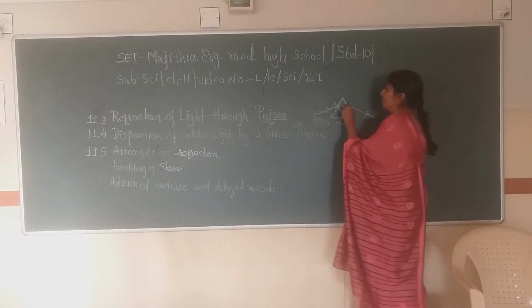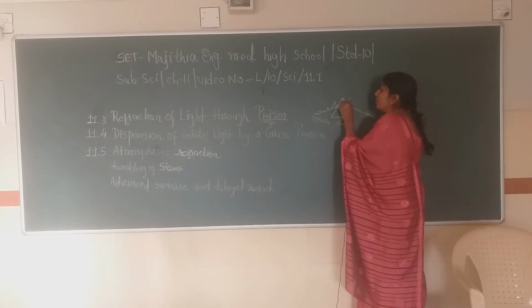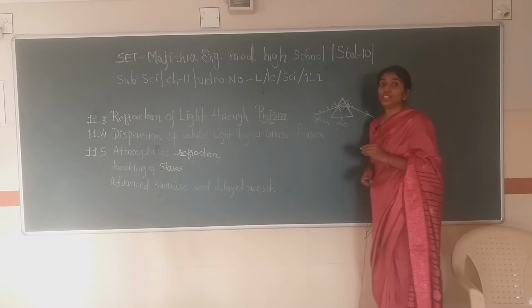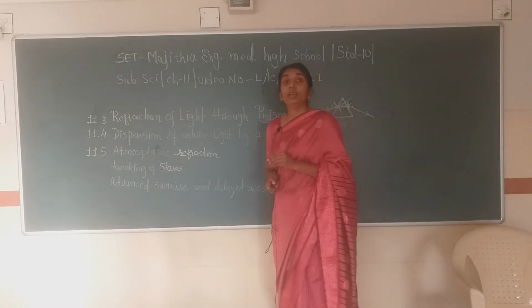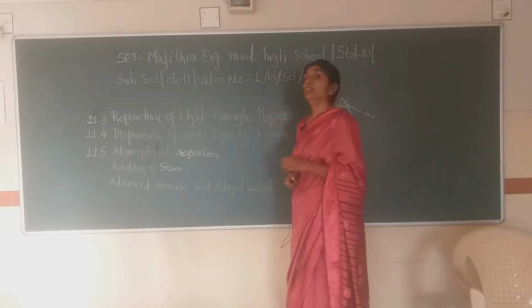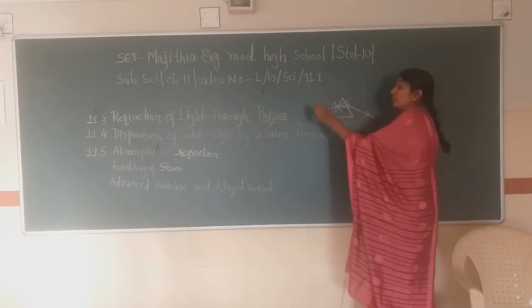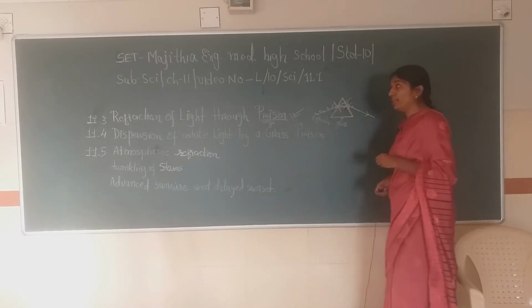The angle made by the incident and emergent ray is called the angle of deviation. That means how much the light ray has deviated from its original path. So this is refraction of light through a prism.